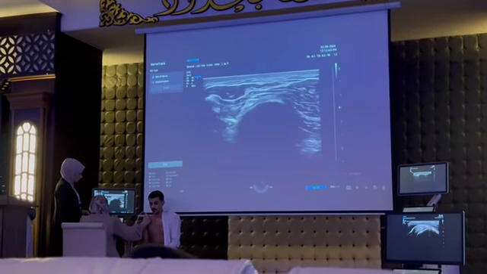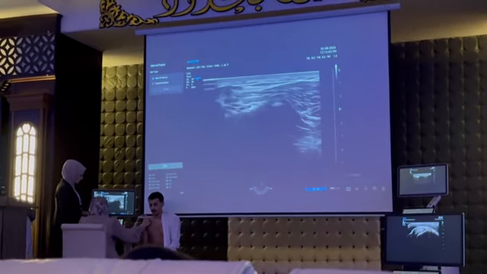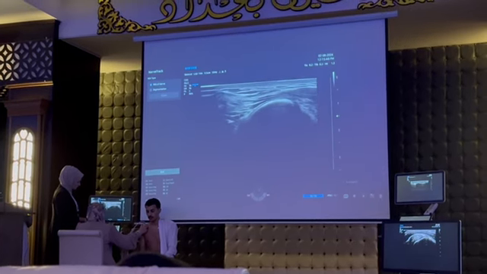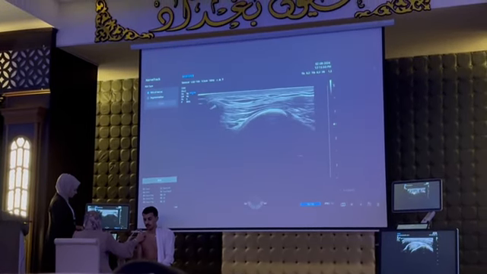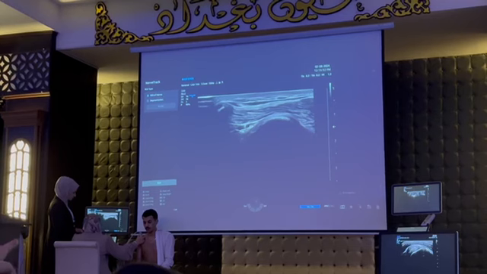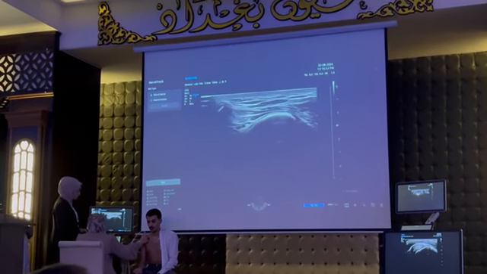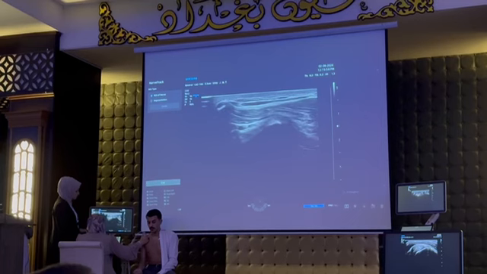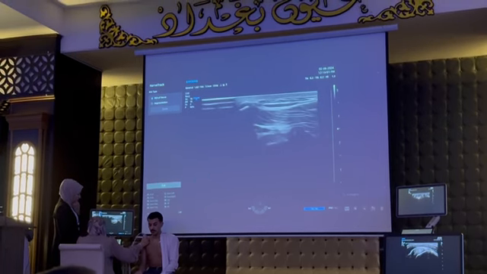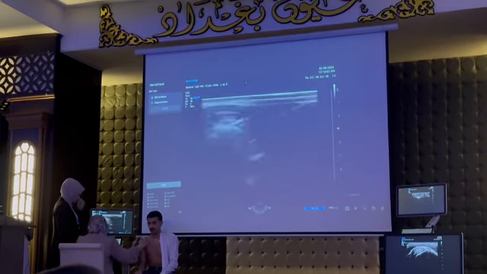Then I make my probe fanning toward the medial side. This is the coracoid, this is the clavicle. The white line between them is the conoid part. Just above it is the lateral pectoral nerve.